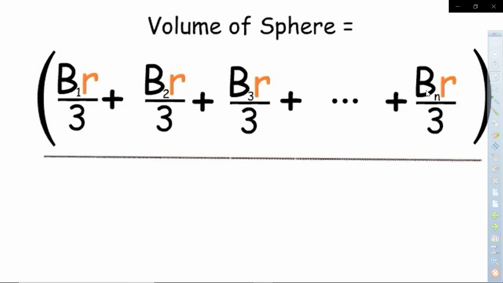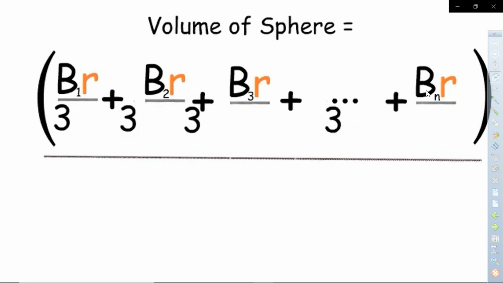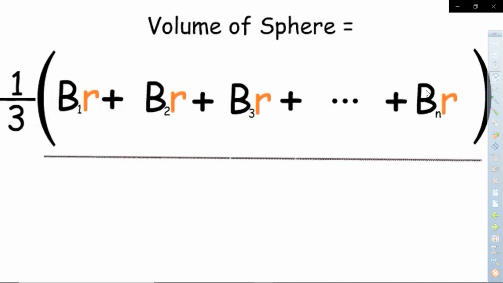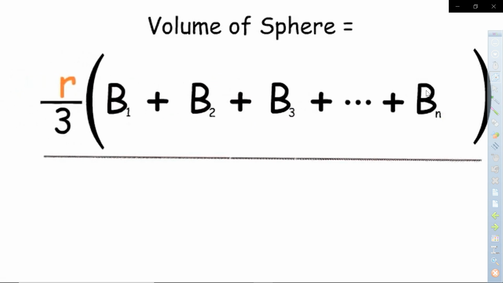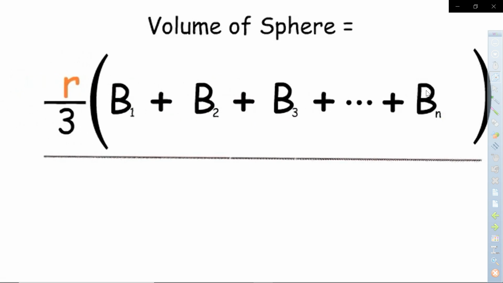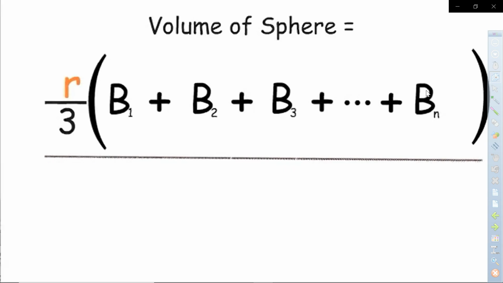Okay, so here's a strange representation of the volume of a sphere, and you'll see this will start to make a little bit more sense. Okay, so taking out that 1/3, okay, taking out the radius, you have all of the bases of the pyramids being added together. That's what's in the parentheses here.